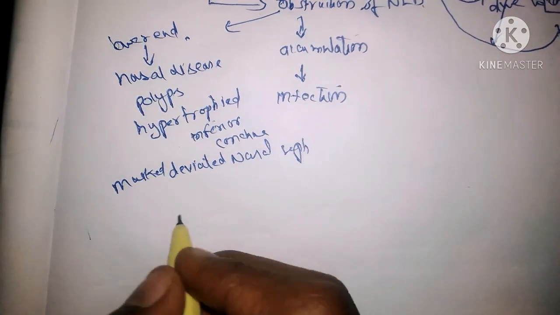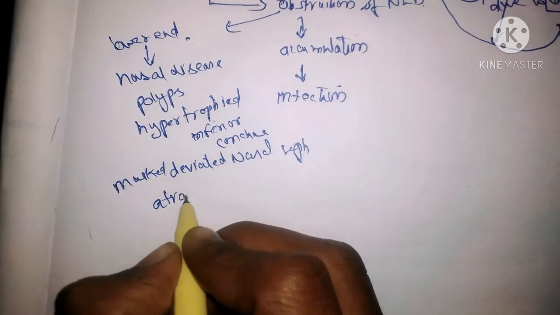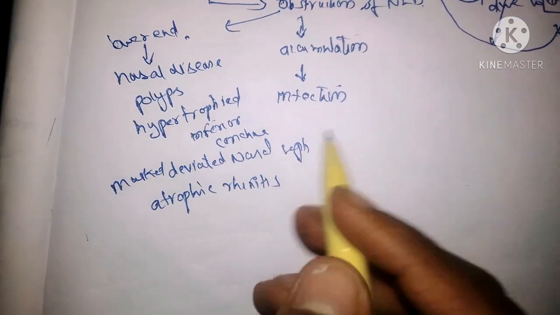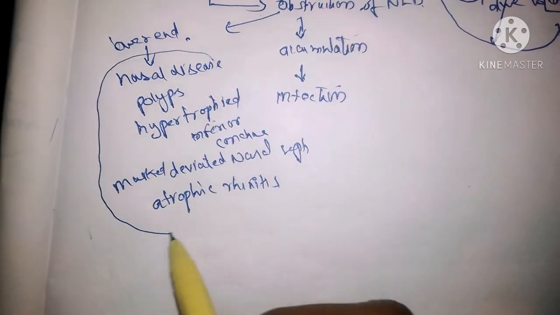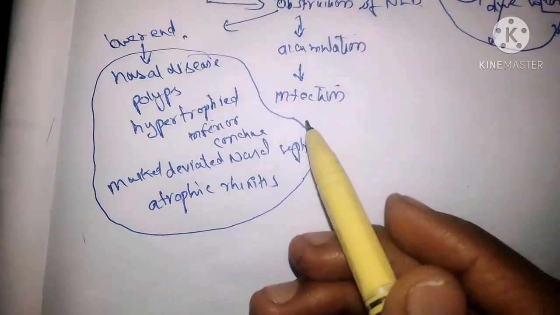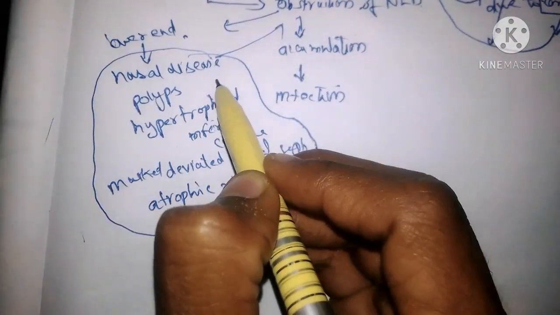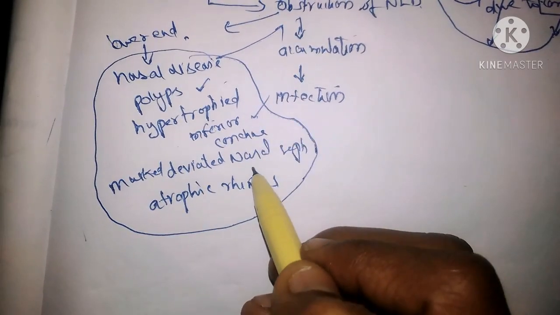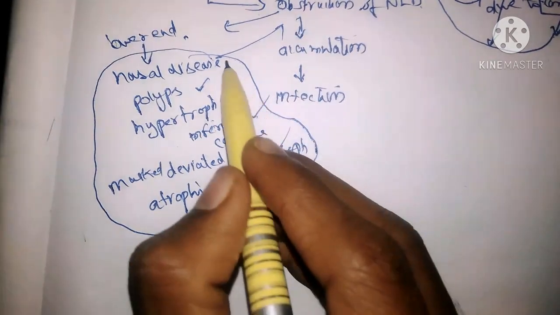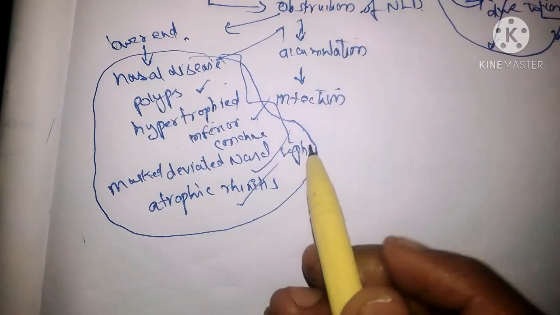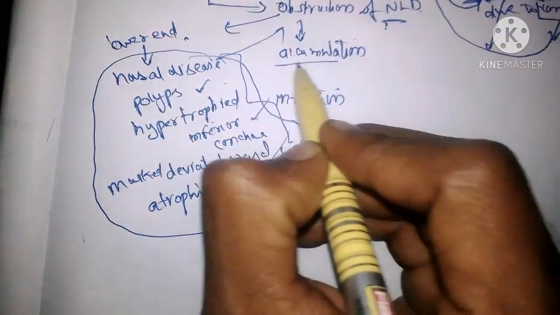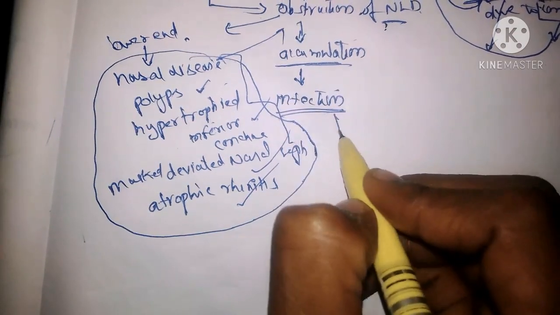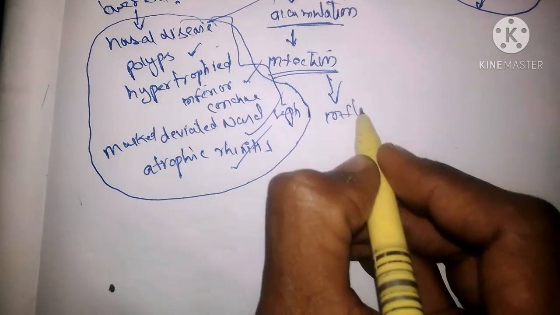Or when there is atrophic rhinitis. All these etiologies in the nasal cavity will result in obstruction. They are polyps, hypertrophied inferior concha, marked deviated nasal septum, atrophic rhinitis. These four result in obstruction of the nasolacrimal duct, that results in accumulation of tears, that further results in infection, that results in inflammation. Clear?